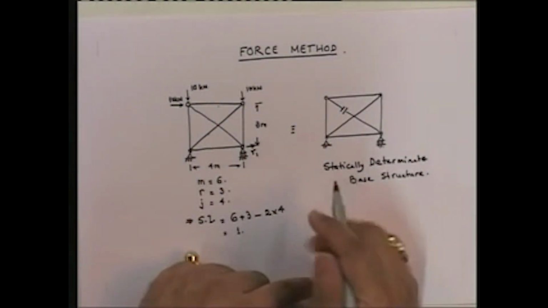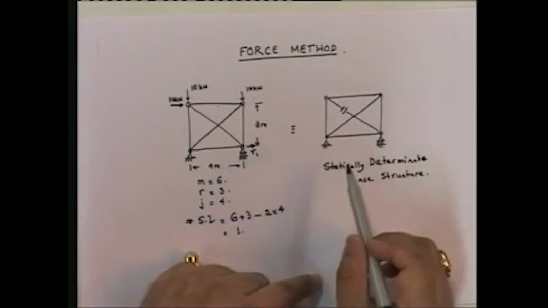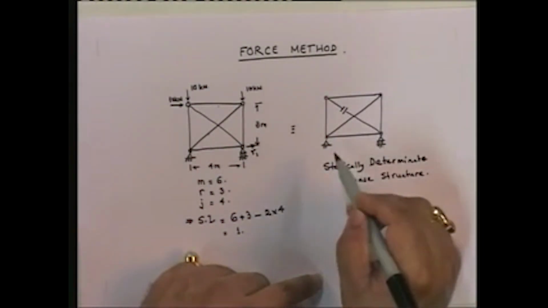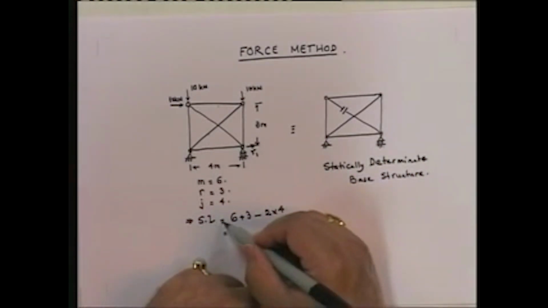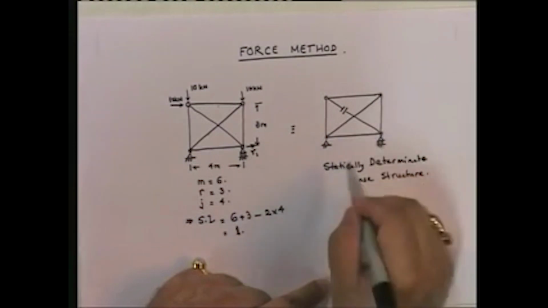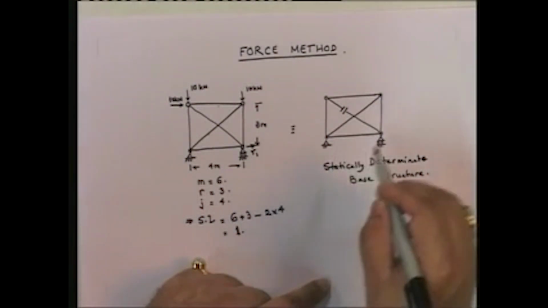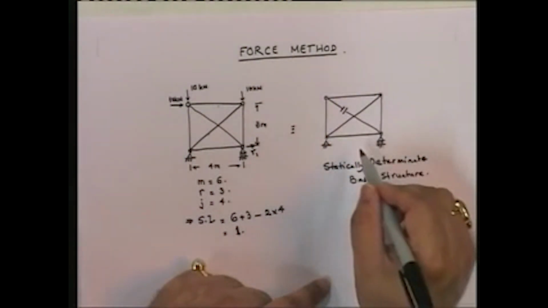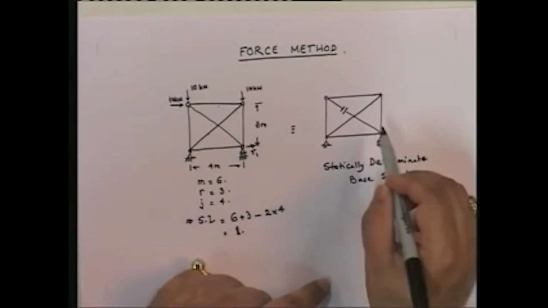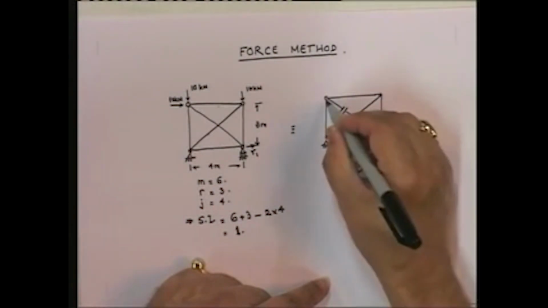In other words, you take the structure, eliminate one of the unknown forces because it's a single degree of indeterminacy. So you have to eliminate one of the unknown forces. Once you eliminate one of the unknown forces, then what happens is now you have a statically determinate structure, because if you look at it, suppose in this particular case, what have we done? We have cut this member. This member we have cut.